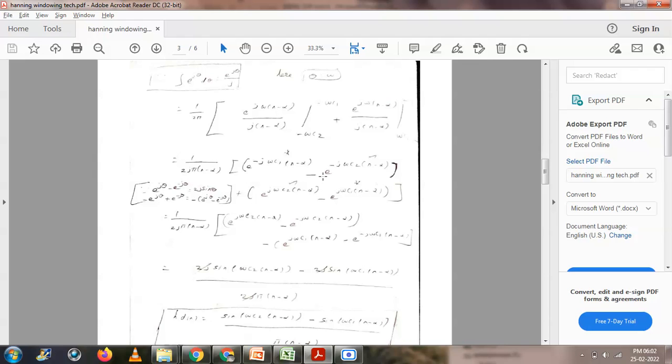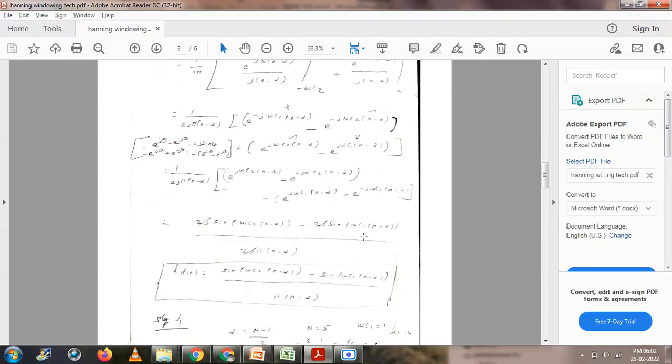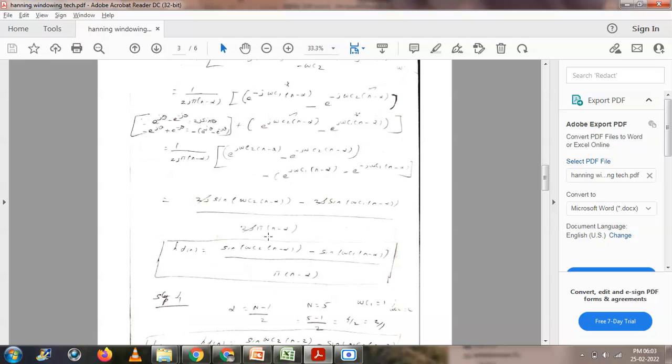So based on this equation, both omega c2 is taken first, and omega c1 is taken as the next one. After that, they use the formula. This is 2j sine omega c2 n minus alpha and 2j sine omega c1 n minus alpha. Then 2j by n minus alpha. So based on this formula.